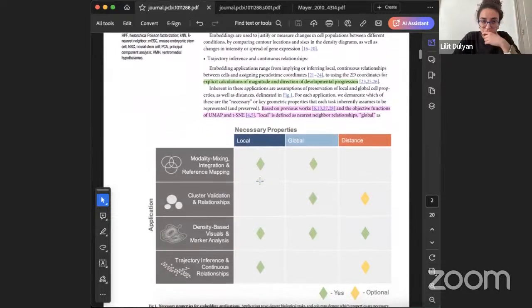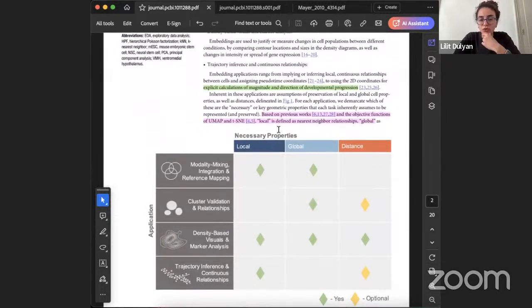But these methods have to retain, ideally, local and global structure, meaning, for example, that if we have two cells from the same tissue, they have to cluster together in the embedded space as well. If we have something too similar in the original space, then we have to have the same relationship in the embedded space.